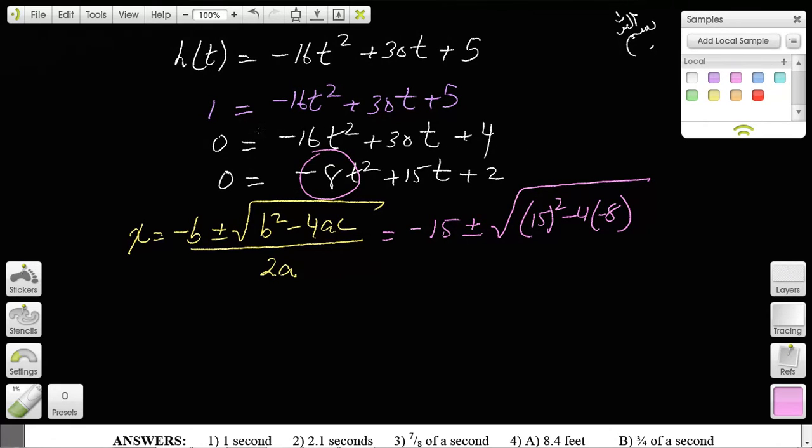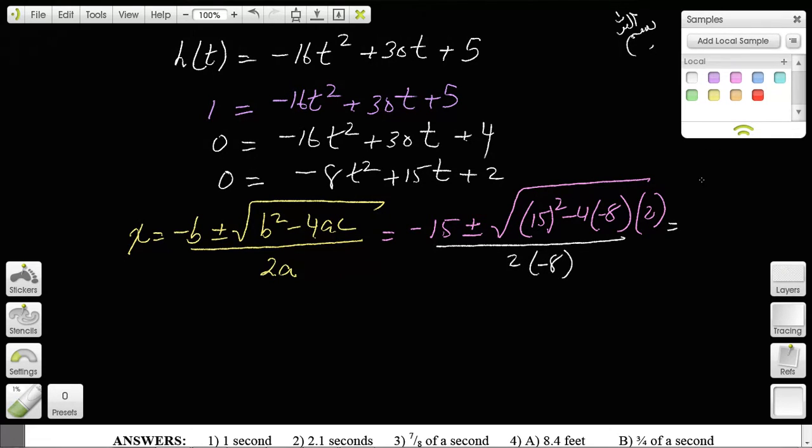Now if you had not divided the whole equation by 2, you would have bigger numbers, but you would still get the same answer. Minus 4 times a times c, which is 2 over here, divided by 2 times a, which is negative 8.